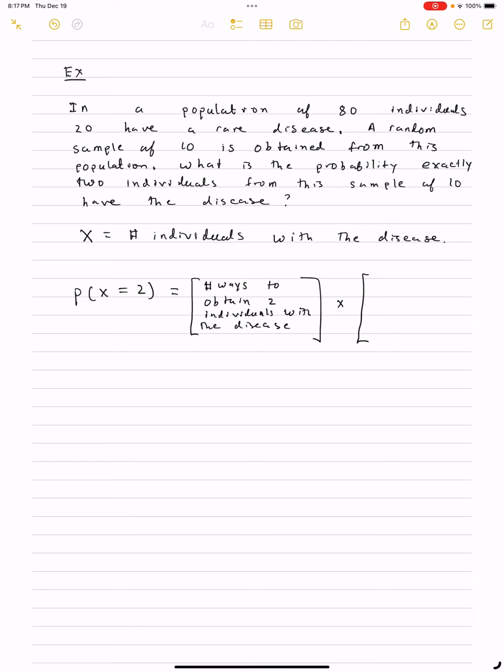So, the number of ways to obtain 8 individuals without the disease, divided by the total number of outcomes.